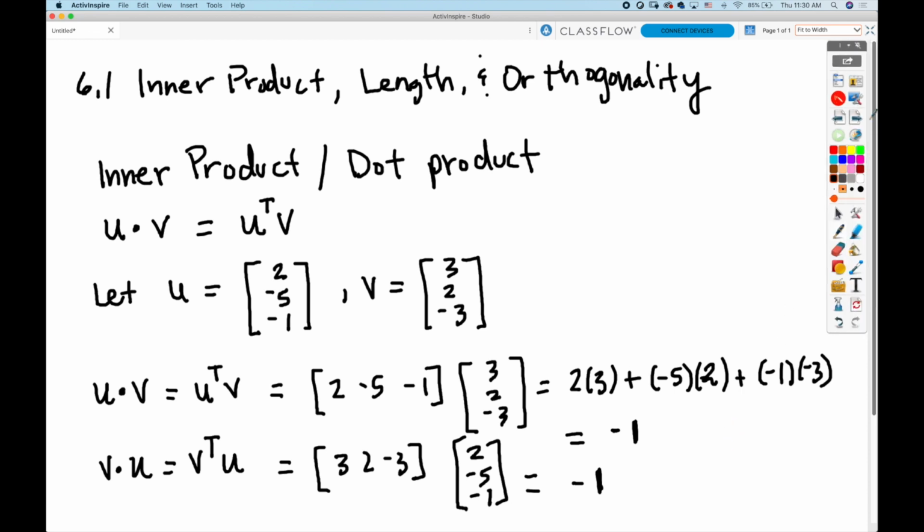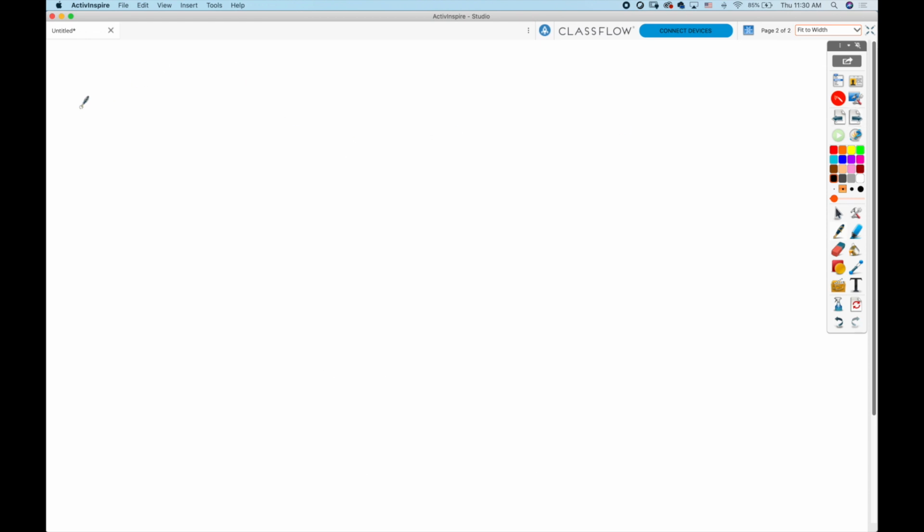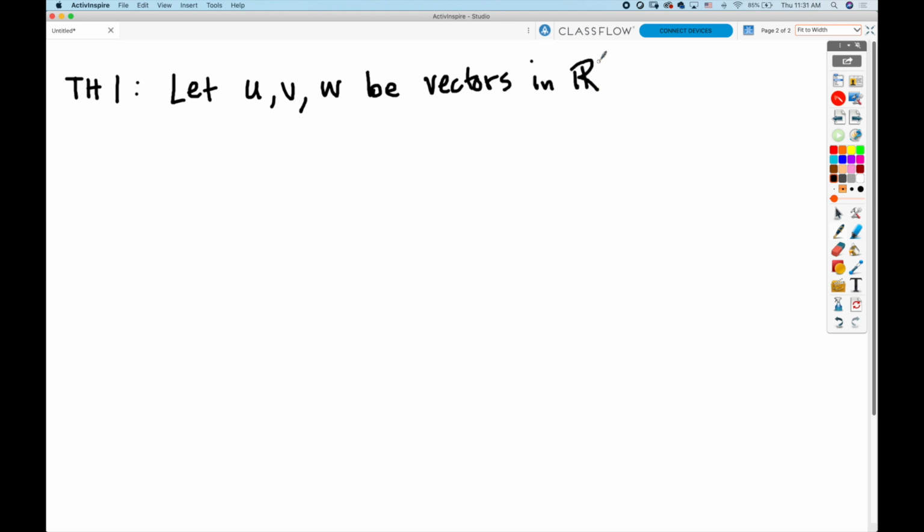And so we have the following properties that are true. So this is going to be our first theorem in chapter 6. We're going to call this theorem 1. And it says let U, V, and W be vectors in Rn. And then we're going to let C be a scalar.